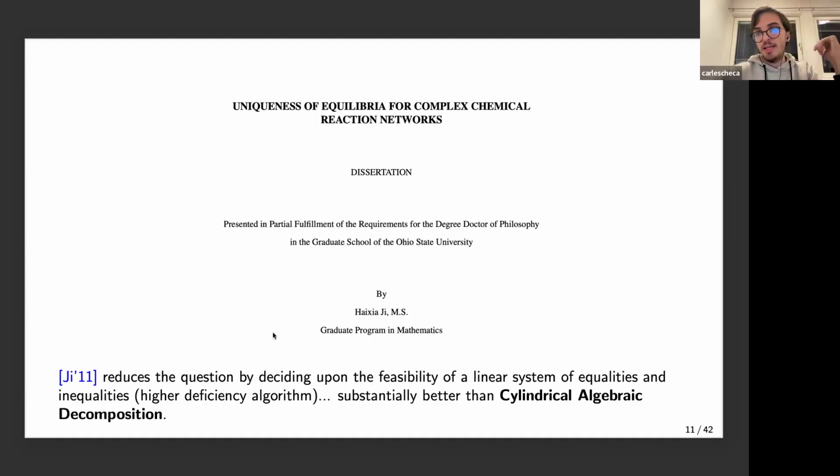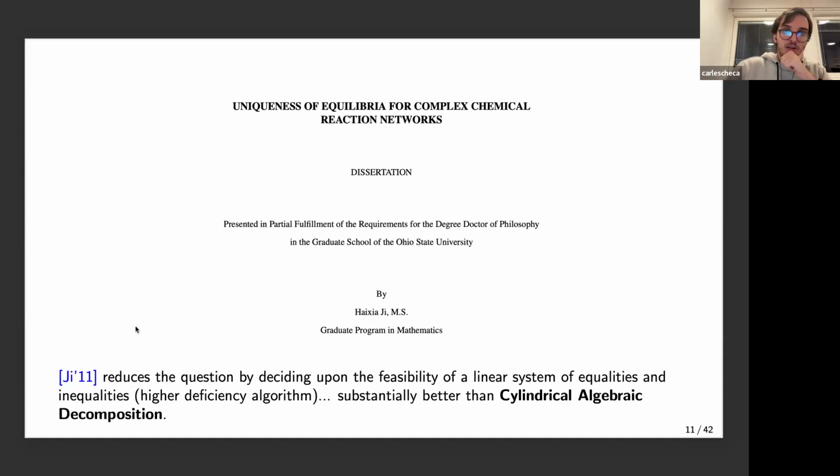This is substantially better than cylindrical algebraic decomposition, and we'd like to transform this setting of the higher deficiency algorithm to the notation of vertically parameterized polynomial systems so that it allows us to understand it in a better way and also to give implementations and to further develop algorithms for solving the question of multiple positive solutions.